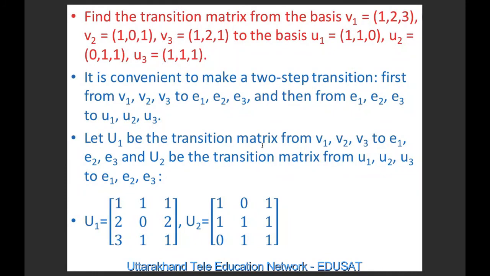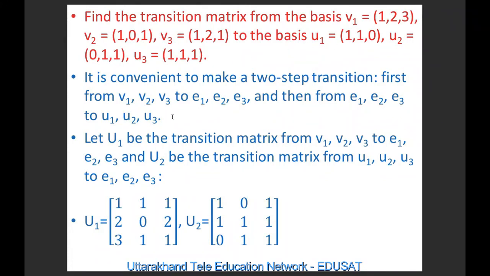Find the transition matrix from the basis v1 = (1, 2, 3), v2 = (1, 0, 1), v3 = (1, 2, 1) to the basis u1 = (1, 1, 0), u2 = (0, 1, 1) and u3 = (1, 1, 1). So we are required to find the transition matrix from the basis v1, v2, v3 to the basis u1, u2, u3.